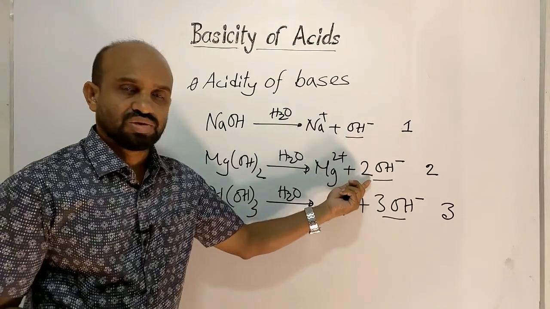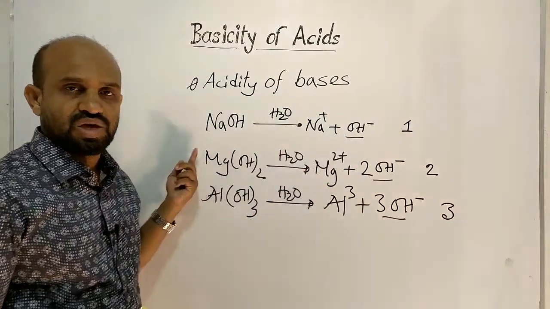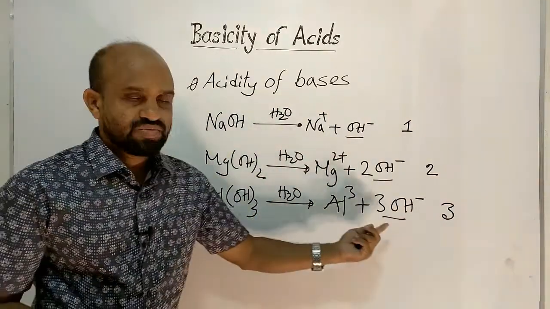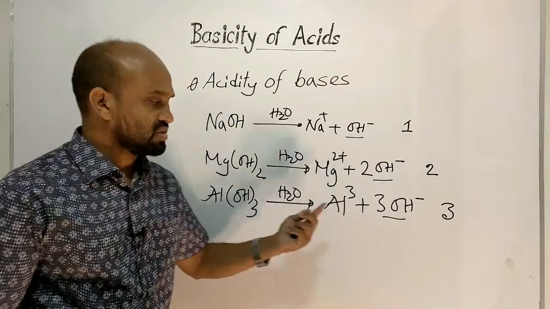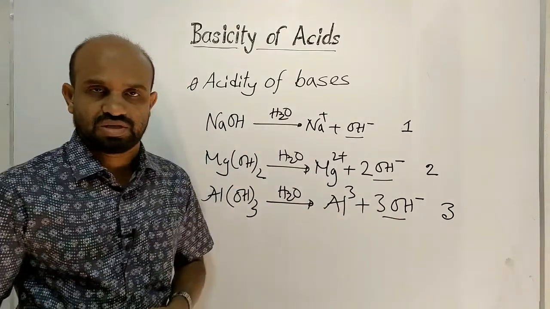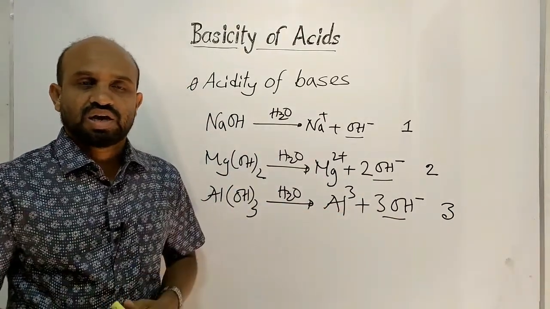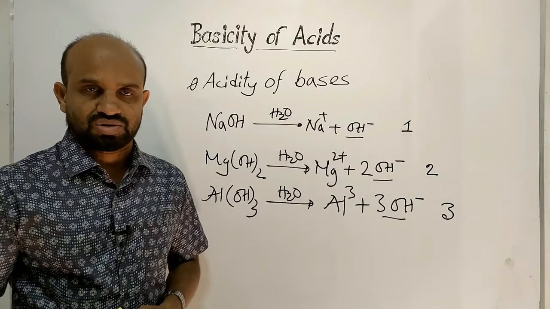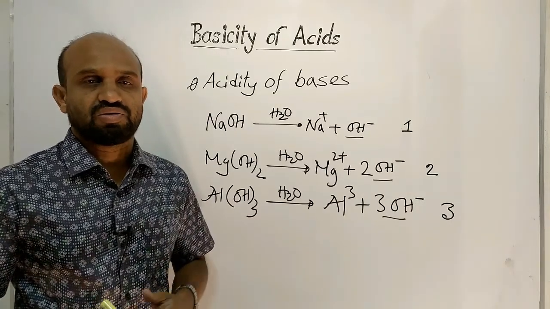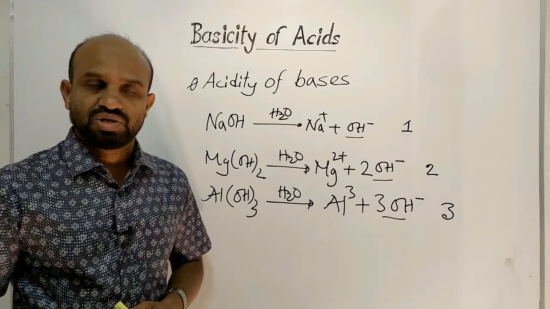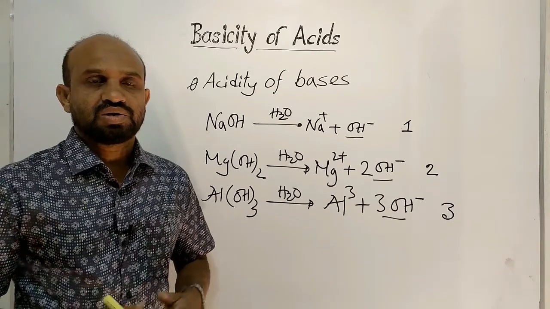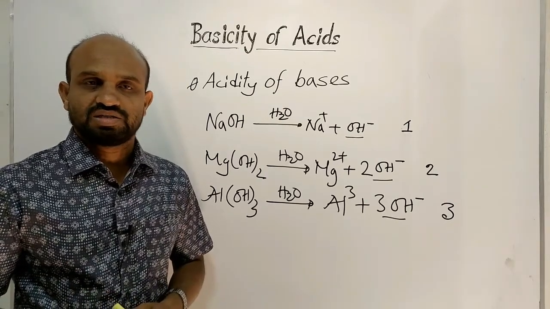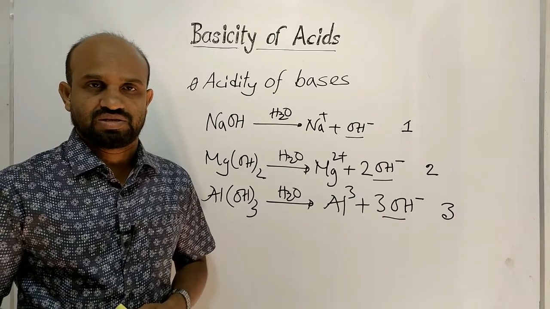If it is 2, then acidity of this base will be 2. If it is 3, then acidity of this base will be 3. So this is acidity of bases in short. That means number of hydroxide ions produced in aqueous solution by a particular base is the acidity of the base.